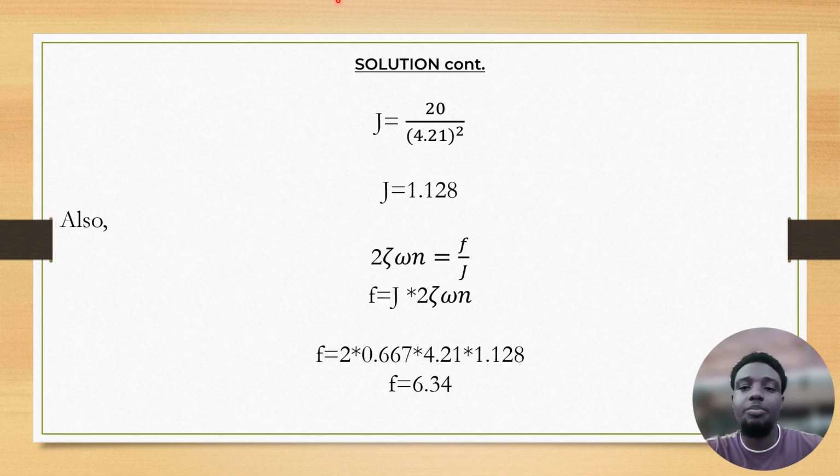Therefore, the damping coefficient of the system is approximately 6.34. And at this point, you have successfully determined all the unknown parameters of the system. The final presenter will summarize the results and conclude the presentation.